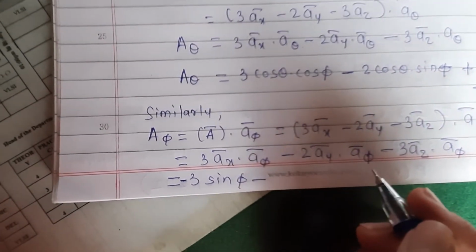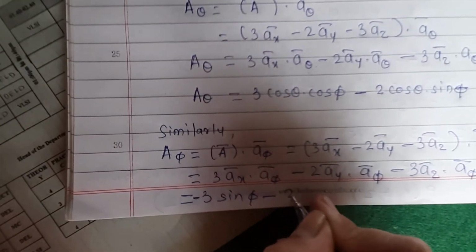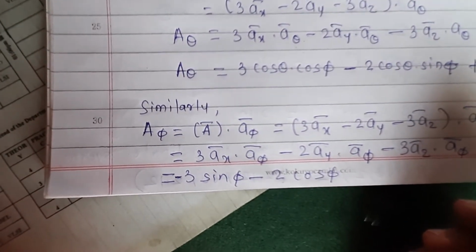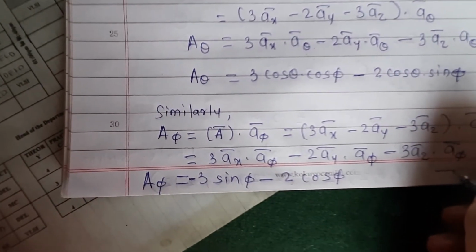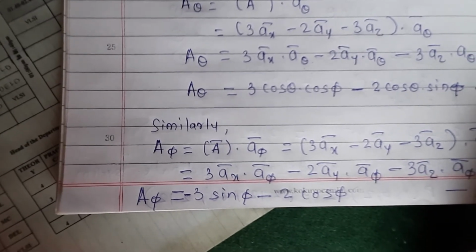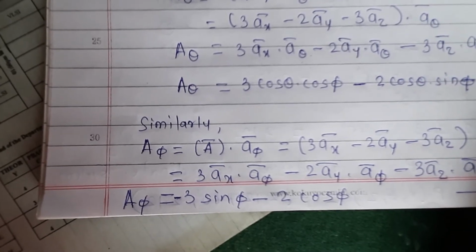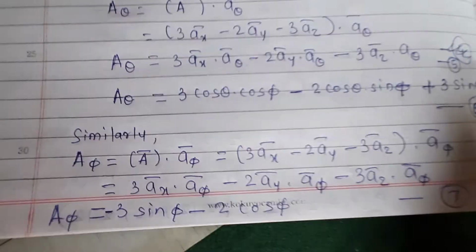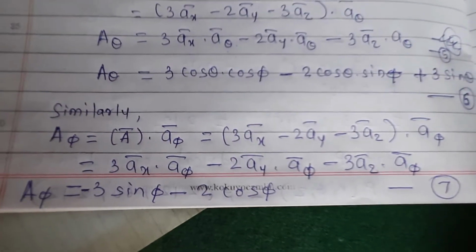AY bar dot A phi bar is cos phi, so it is minus 2 cos phi, and AZ bar dot A phi bar is 0, so it will be 0. So this is our equation number 7.